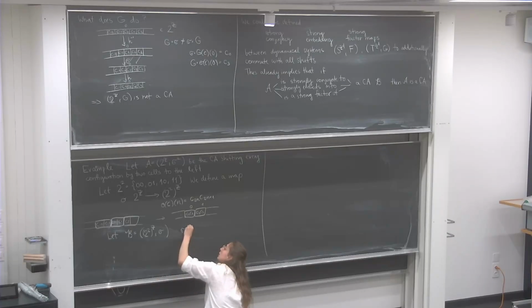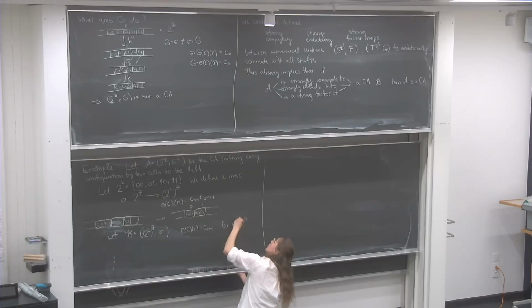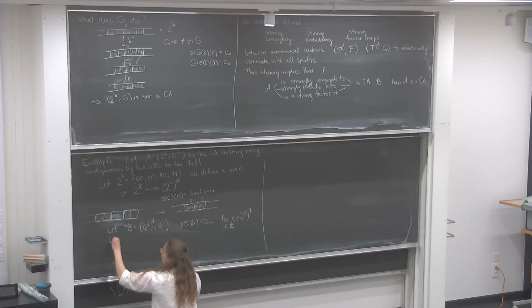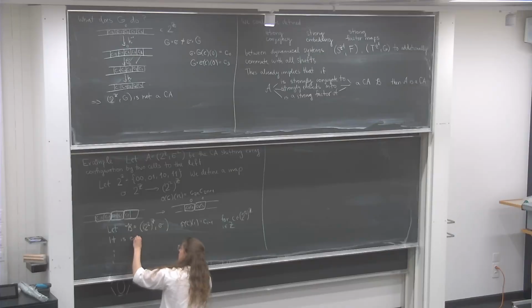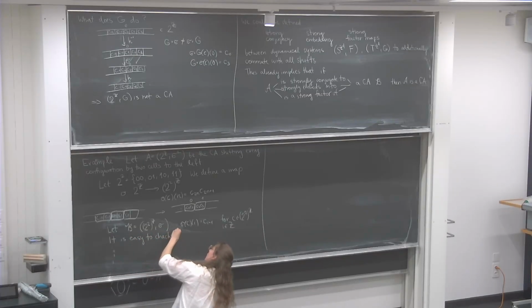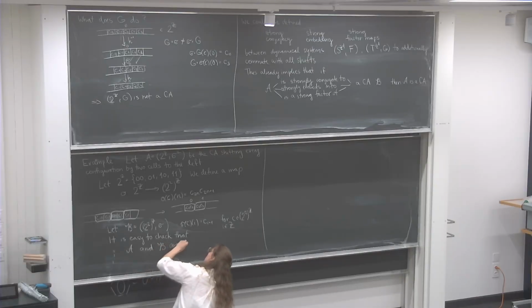So sigma C at i is C i plus 1 for C in this richer state space. And it is easy to check that A and B are conjugate.